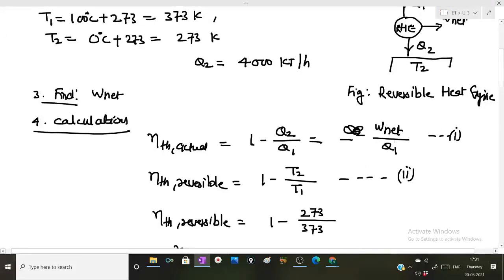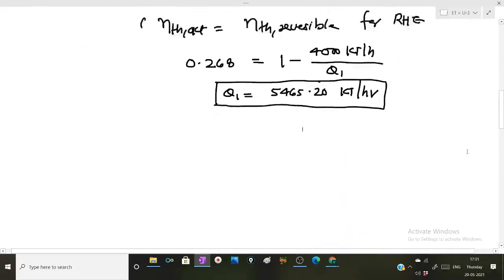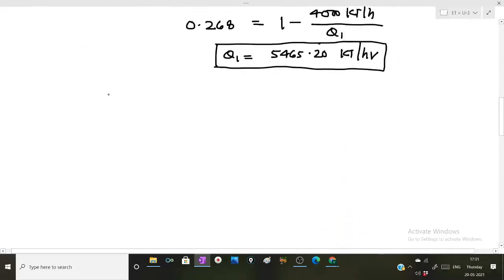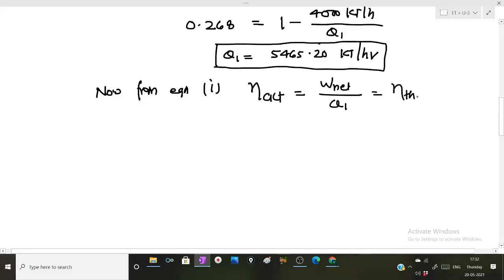So what would I do? I will recall once again equation number 1. From equation 1, eta actual will be equal to W net by Q1, and this will be equal to the thermal efficiency of the reversible engine.